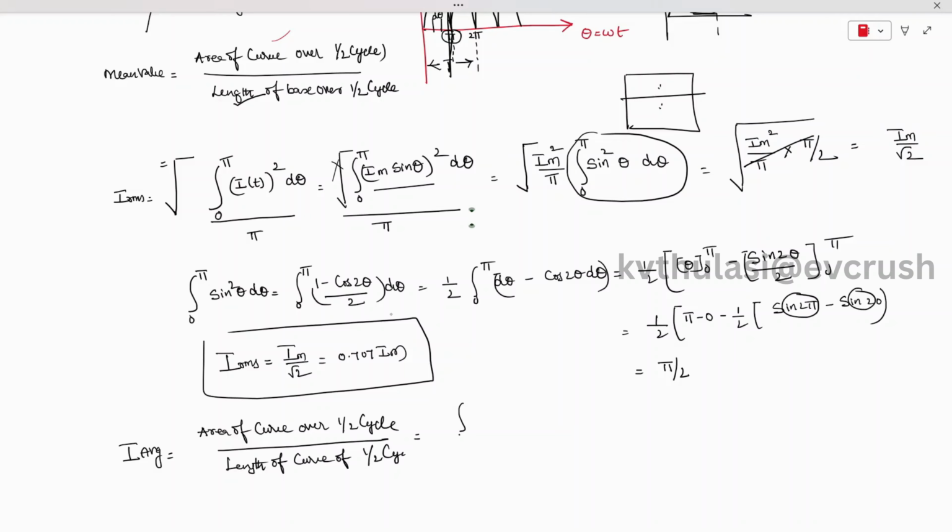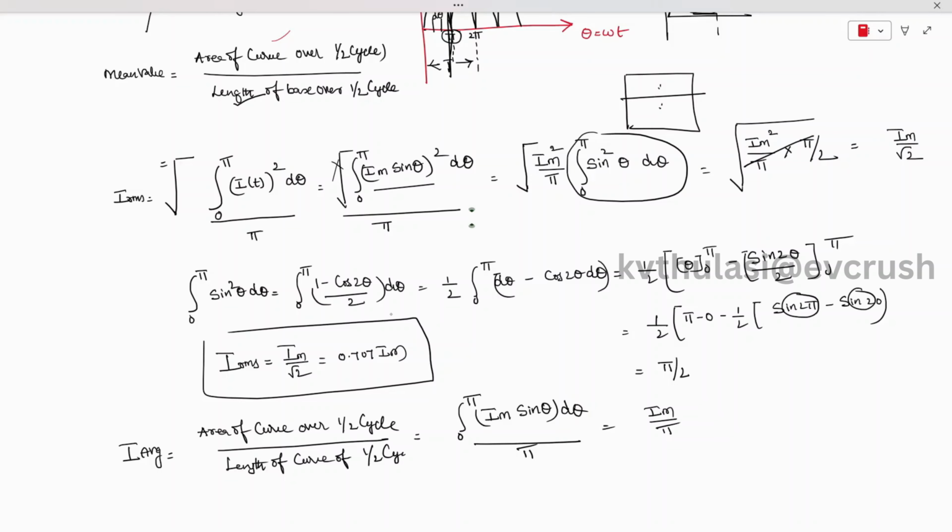So the area is 0 to pi, and here you are going to have Im into sine theta multiplied with d theta, divided by the length, which is how much? Pi. So now let's try to segregate, which is nothing but Im divided by pi into integral of sine theta.